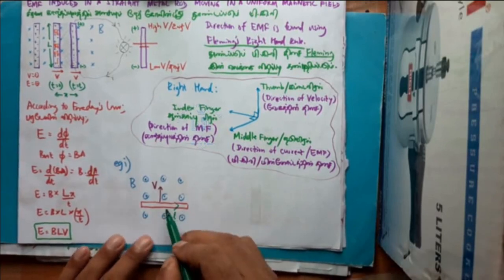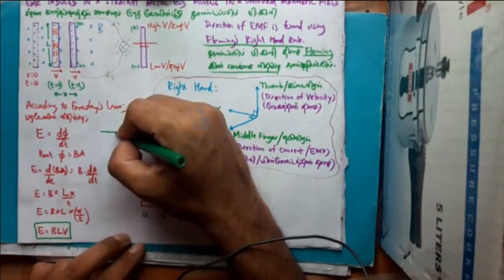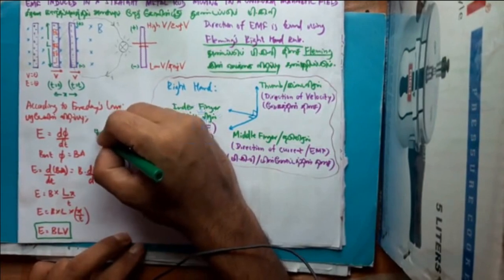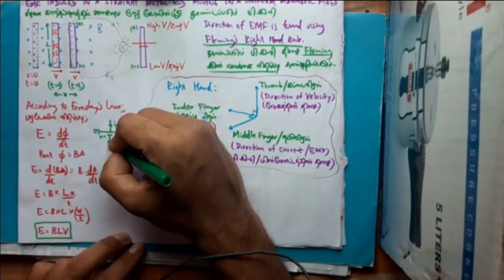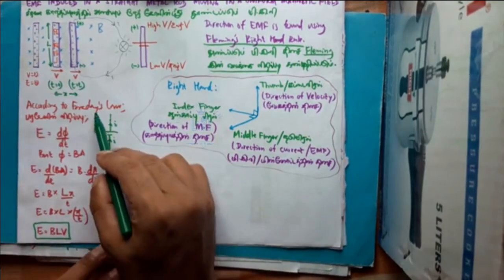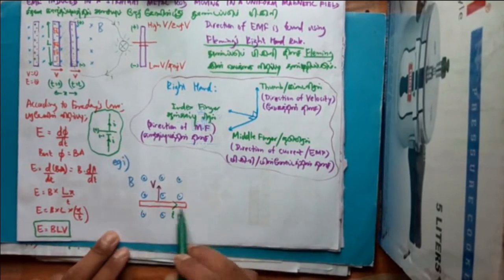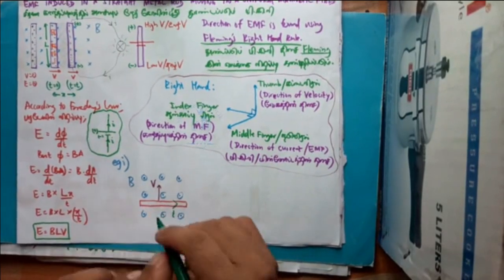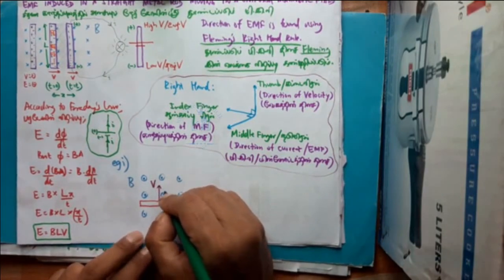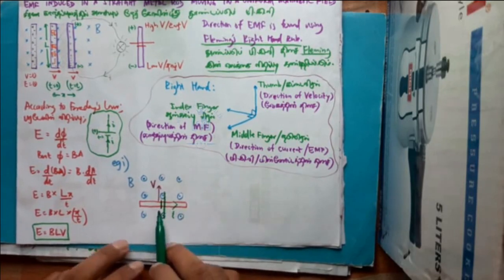But we have learned it's a battery. Now when you take a battery, how does the current flow? This is plus, this is minus, like this, no? This is how the current flows when there is a battery. So if this is the direction of current and we think of this as a battery, this is how the battery is going to look.